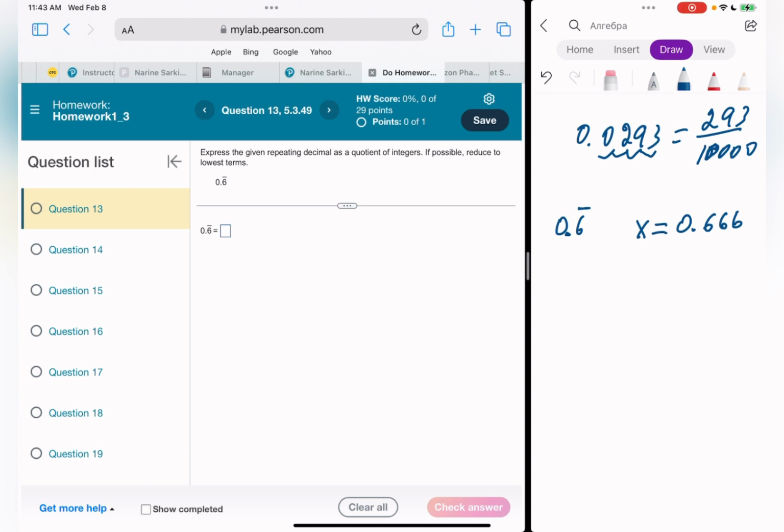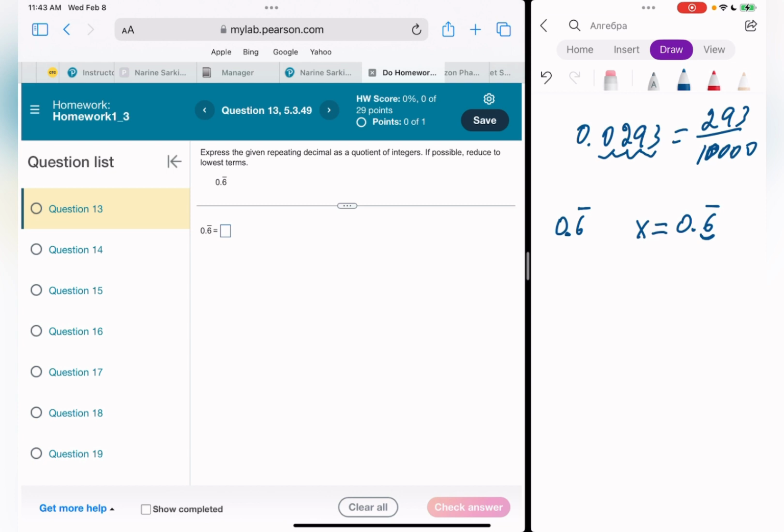So, let me put it this way so it would be easier to explain. 6 with a hat. That means I have only one decimal repeating, so I can multiply only by 10, one decimal.